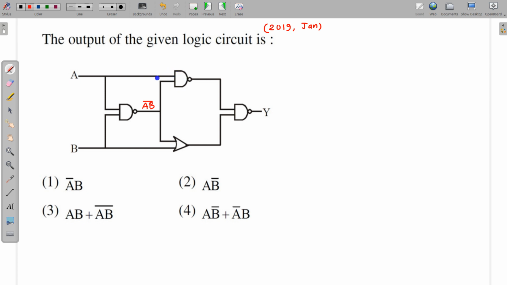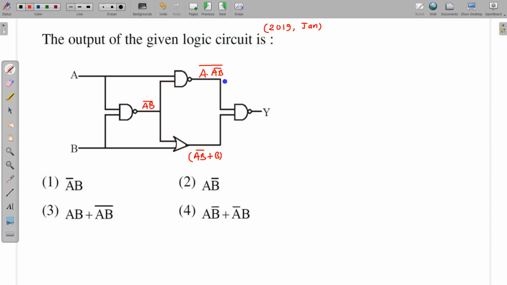This is again a NAND gate, and A is coming over here, and this AB bar is going over there, so this will take the AND of A and AB bar, and again there is a NOT at the end. So what is this going to give us? A and AB bar and whole bar. This is an OR gate, so what is going into this? This is AB whole bar and B, so this will give us AB bar plus B.